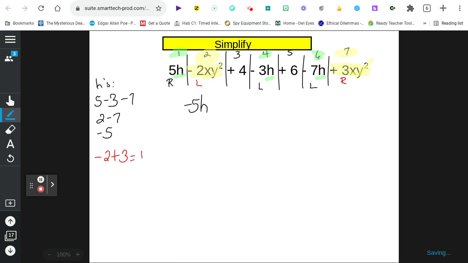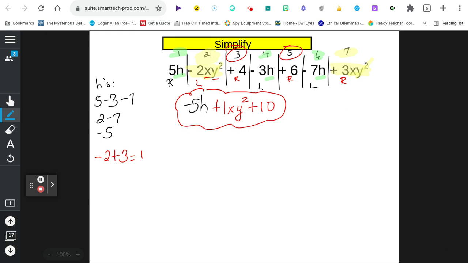That's just 1. So that's +1, and then x, y to the second power should go behind it. And these are constants, and 4 plus 6 is just a constant 10. And that takes care of all of those. Again, you can have them in any order, just get the sign right.